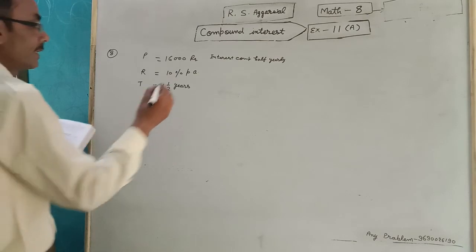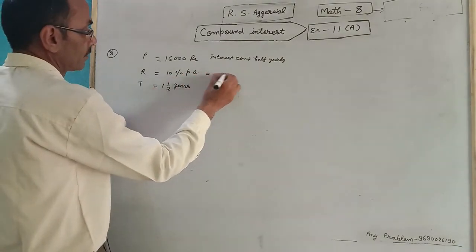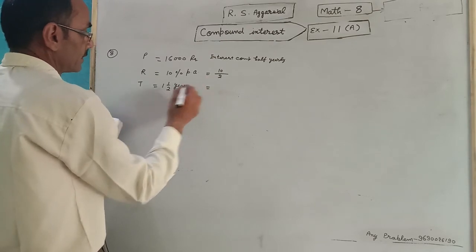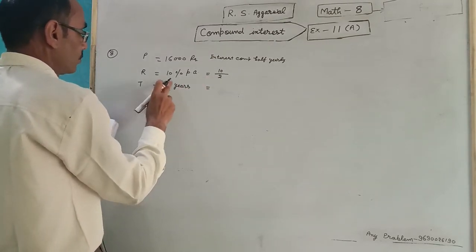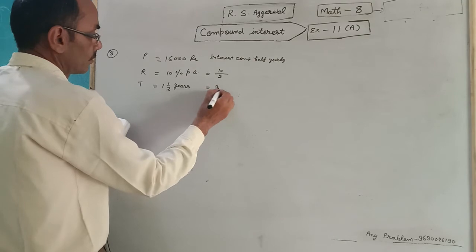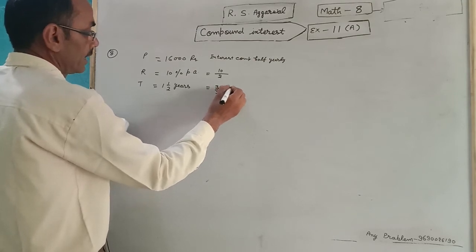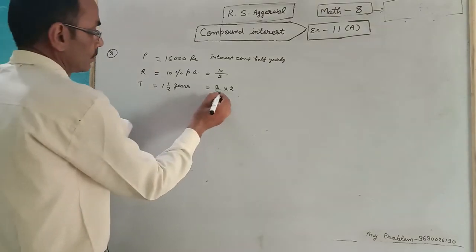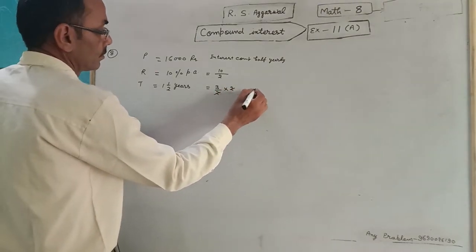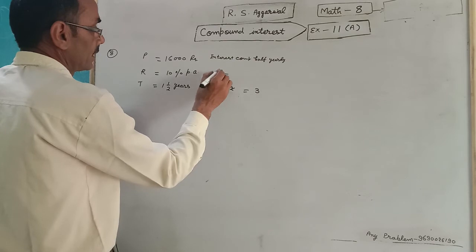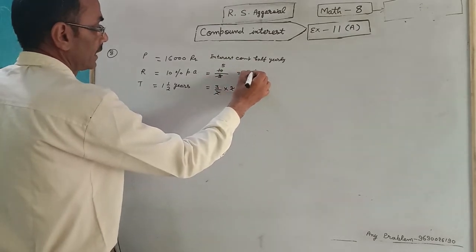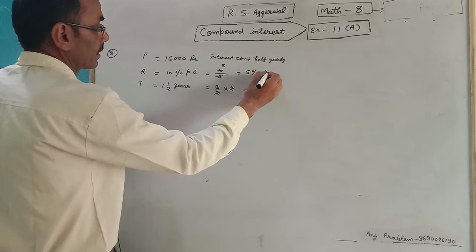For half yearly, R divided by 2 and 2 1 ja 2, and 1 1/2 years multiplied by 2 in year, so 3 half yearly periods. 10 divided by 2, 2 5 ja 10, 5% per half yearly.